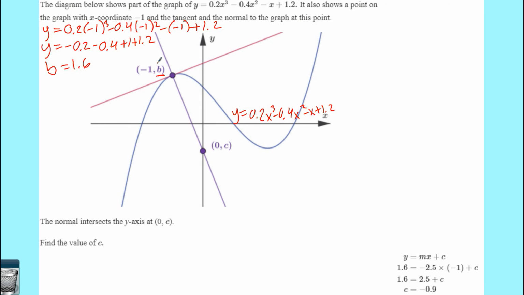So let's see, what else can we do? Well, since this is the normal, we know it's related to our tangent through the slope. So why not find the slope of this line? Okay, it's something we can do. So we start with our derivative of y. So we do our power rule trick.